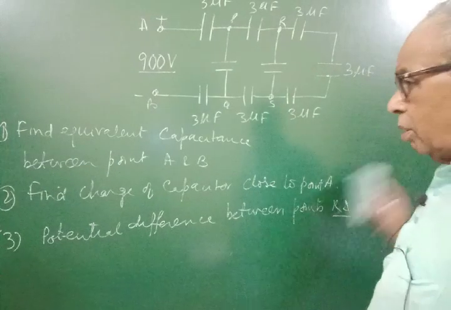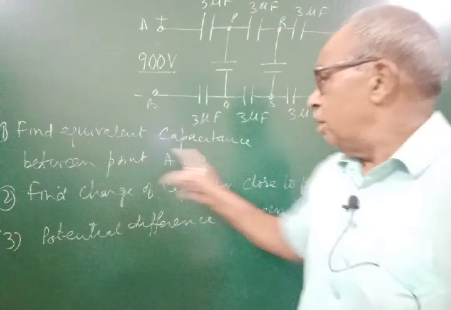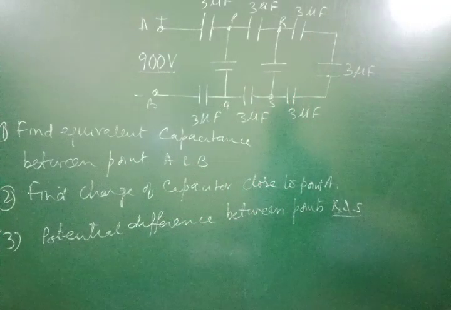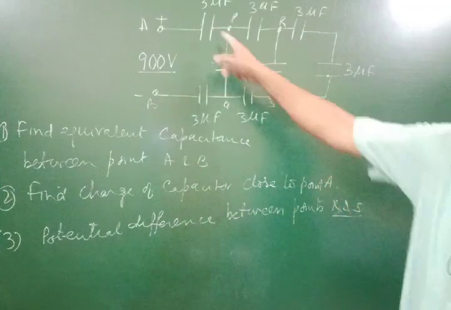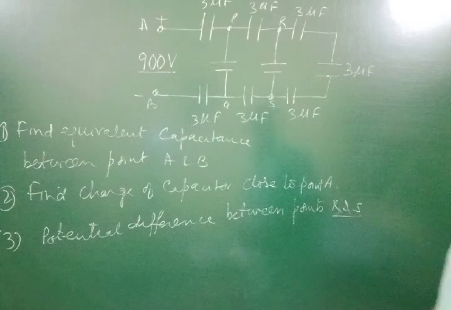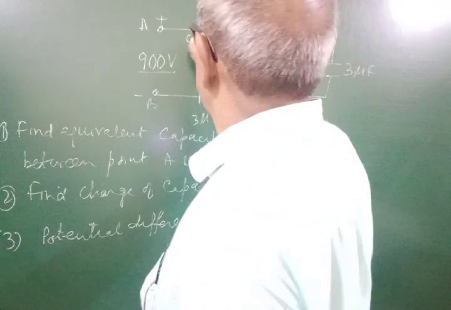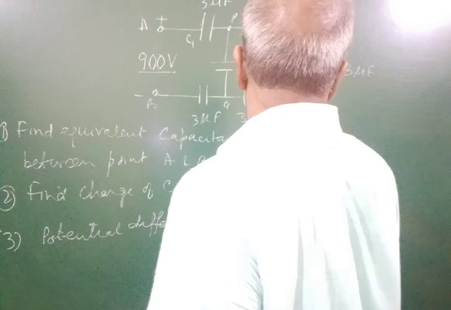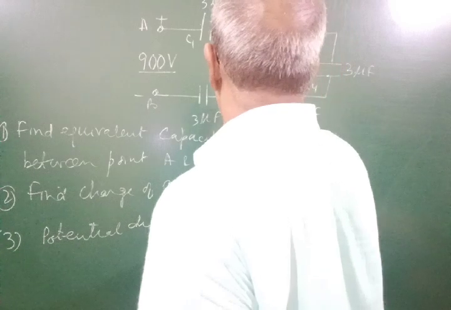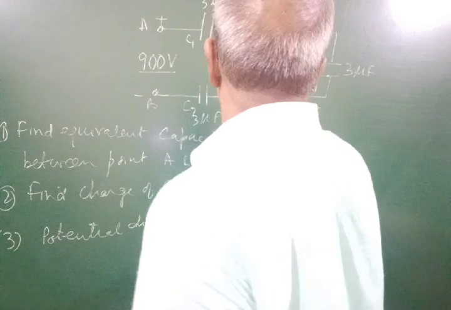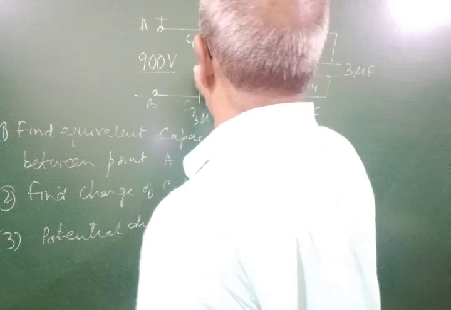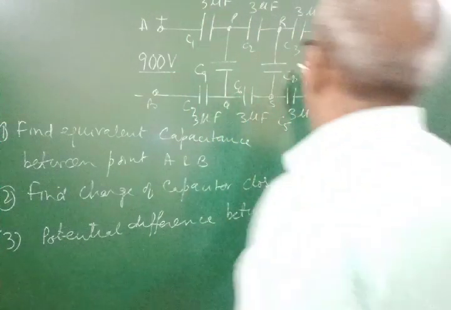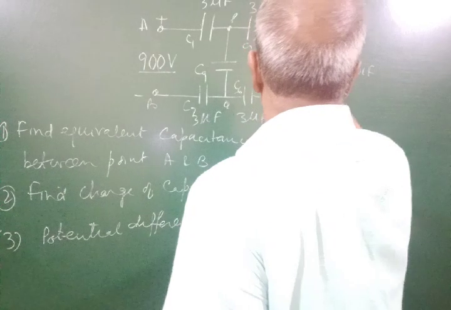So first of all, I have written equivalent capacitance between point A and B. Charge on the capacitor close to point A, it means here. I may write here C1, C2, C3, C4, C5, C6, C7, C8, C9. Sorry, it is 2 microfarad.